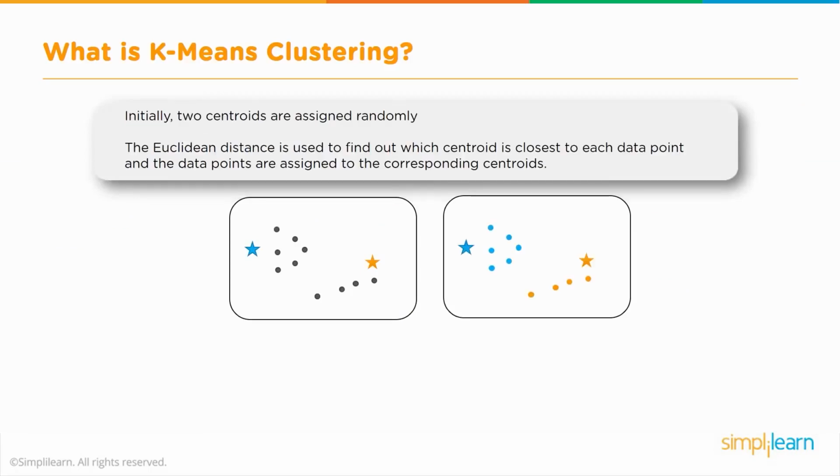So the way this works is the first step in K-means clustering is the allocation of 2 centroids randomly. So 2 points are assigned as so-called centroids. In this case, we want 2 clusters, which means K is equal to 2. So keep in mind these points can be anywhere.